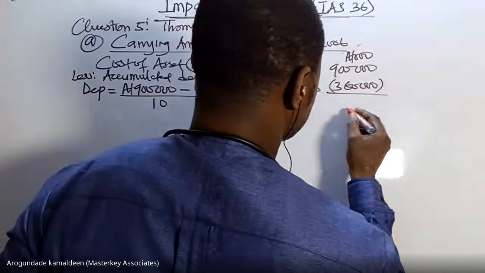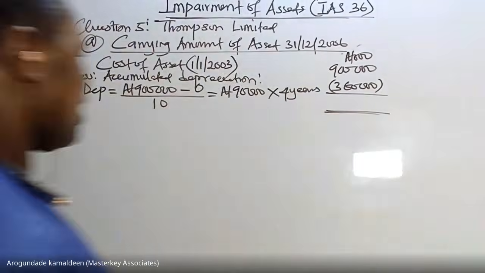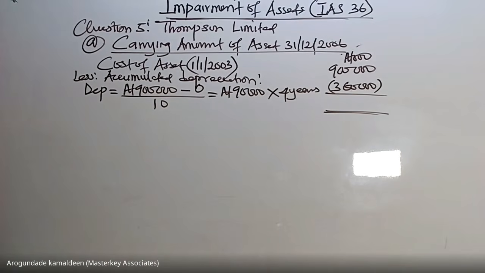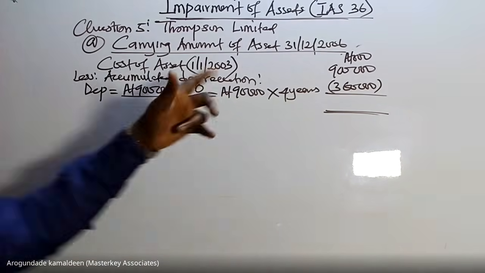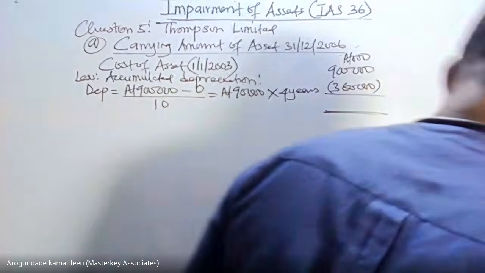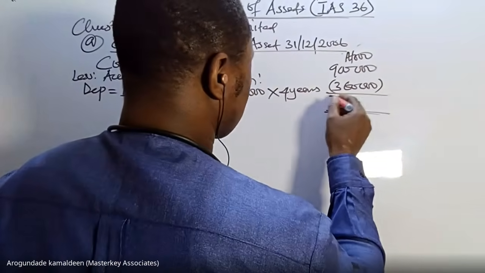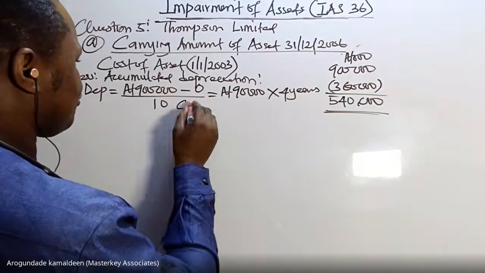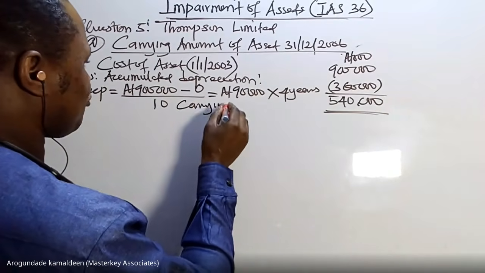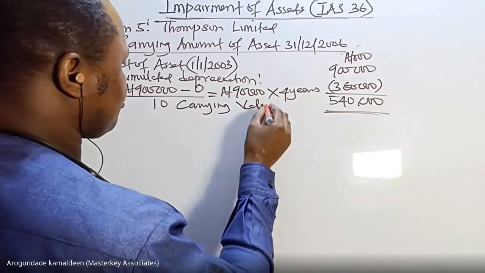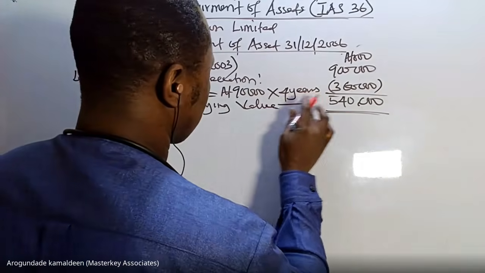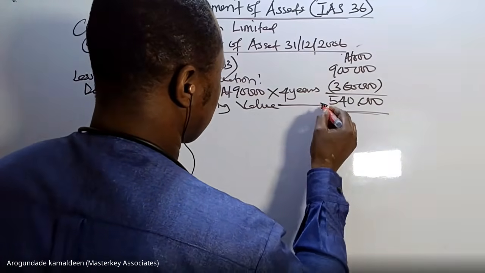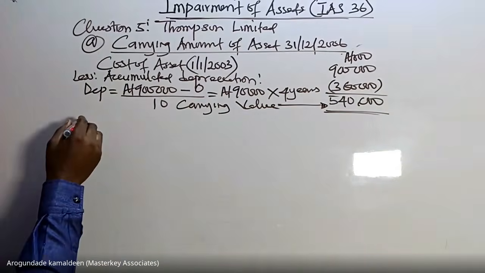For the 4 years you have charged 360 million as a total deduction. So this less that, there you have 540. The carrying value.